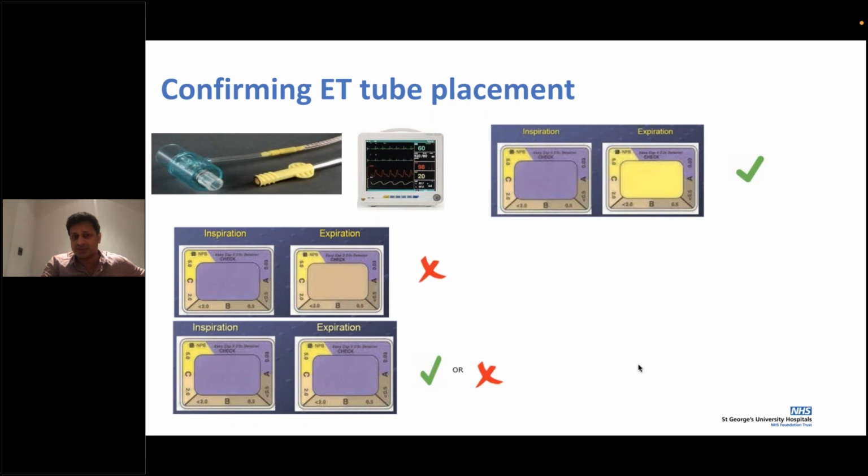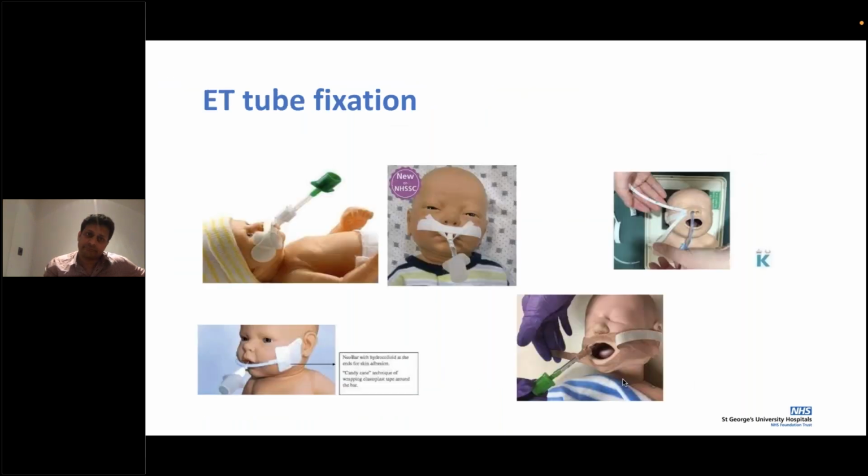Once some cardiovascular stability is achieved, there might be a change in your color. The other way we commonly do on the neonatal unit is connecting continuous EtCO2 monitoring, which is displayed on the monitor. If there is any kind of CO2 wave pattern, that means that the tube is in.